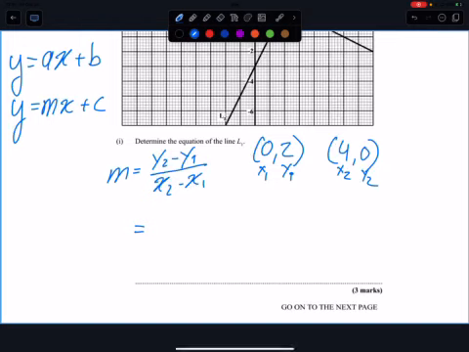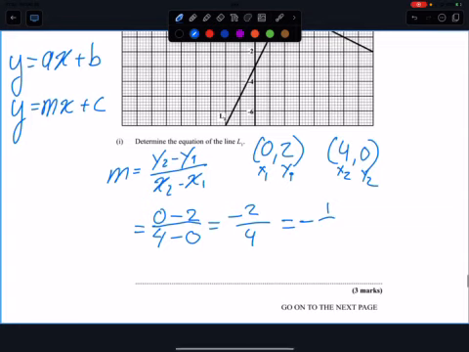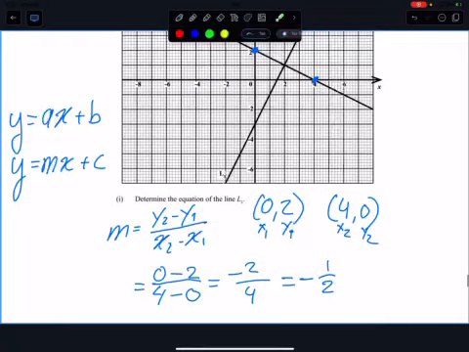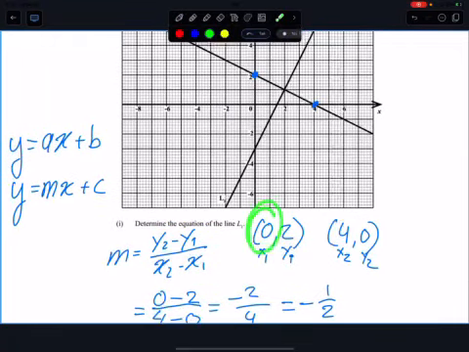So what do you get? 0 minus 2 divided by 4 minus 0. Simplify, minus a half. Your gradient is minus a half. You already know when x is 0, what is your y? 2.